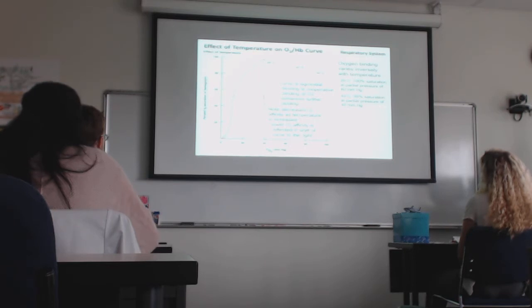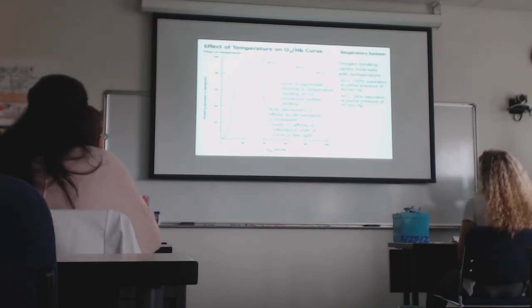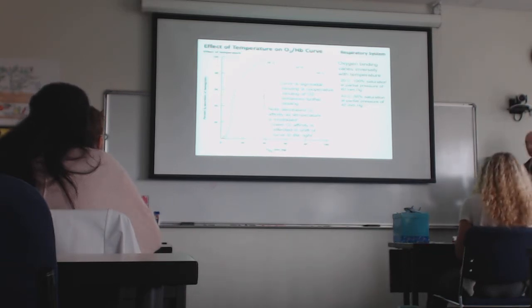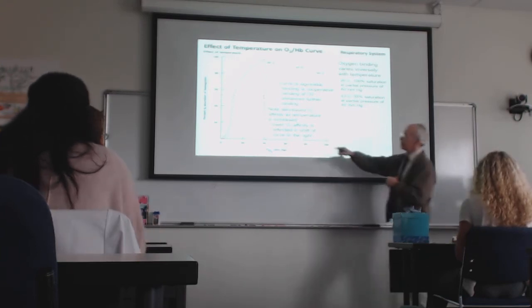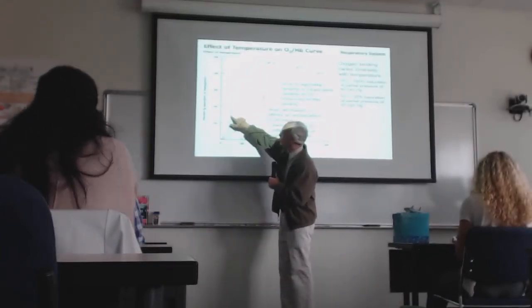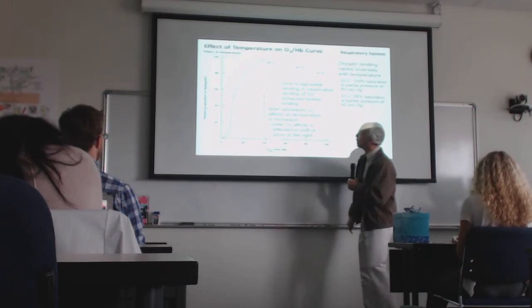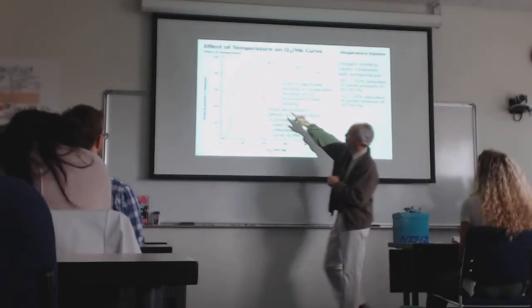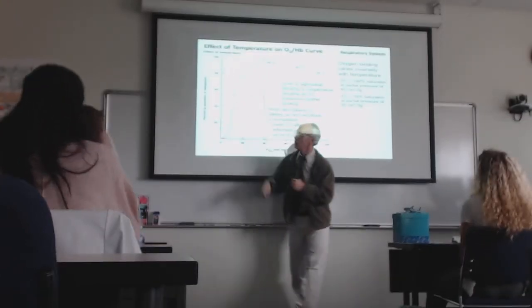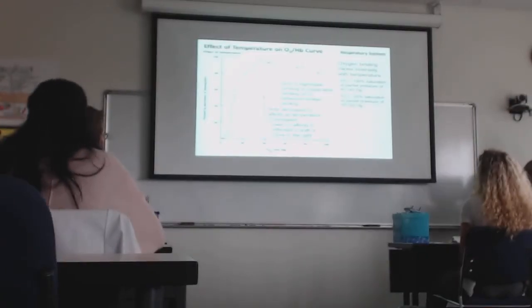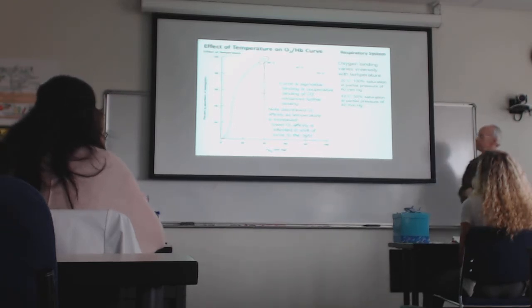So as we increase the temperature, what happens to the ability of the hemoglobin to bind and retain oxygen? So red is high temperature, blue is low temperature. So this is higher, this is lower. So when I go from the blue line here to this point, what happens to the ability of the hemoglobin to bind oxygen?